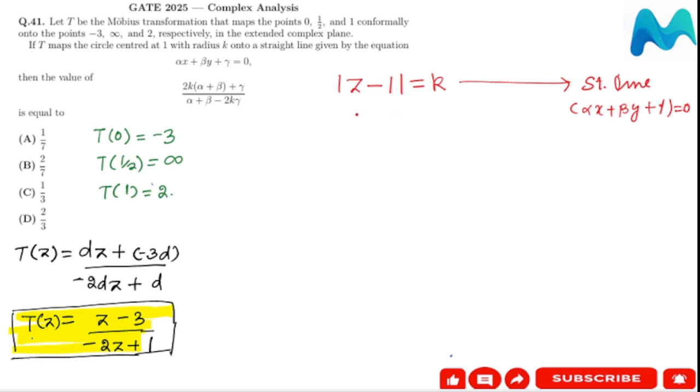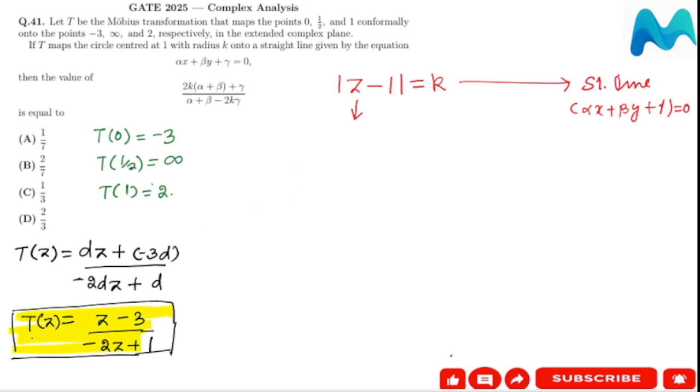So first, in order to find the expression, we have to calculate this transformation in terms of z. How do we do it? It's once again simple.